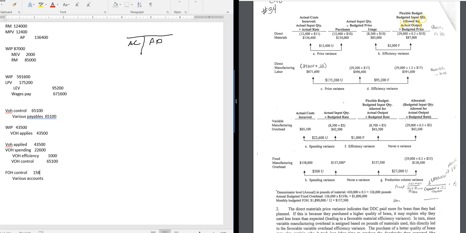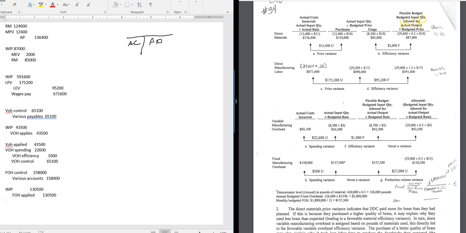So that's 158,000. Okay, this next one, I want to apply it, so I always apply it to WIP. And WIP is always the other side, so 130,500. And I know that my credit to WIP is fixed overhead applied. Okay, all right, so for 130,500.